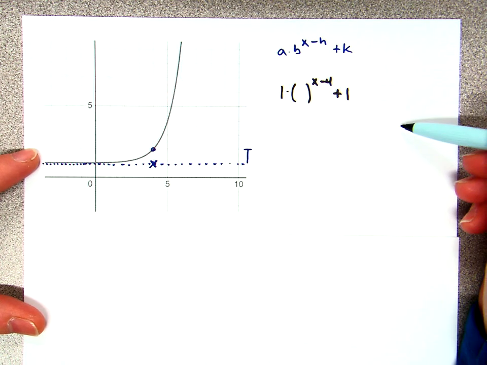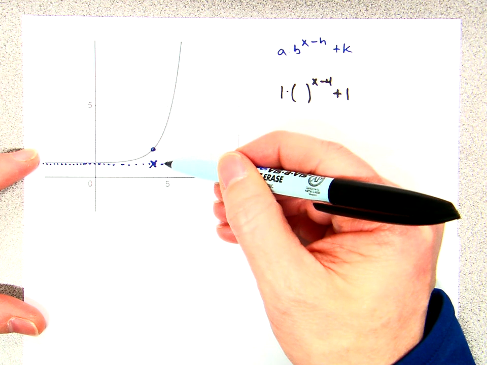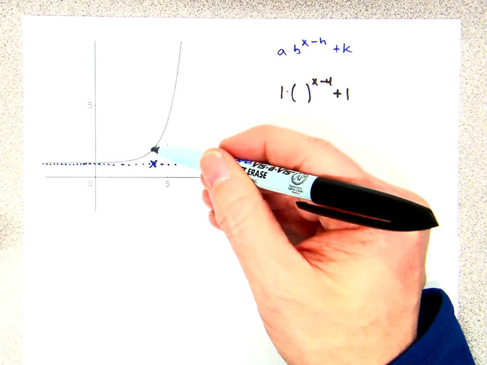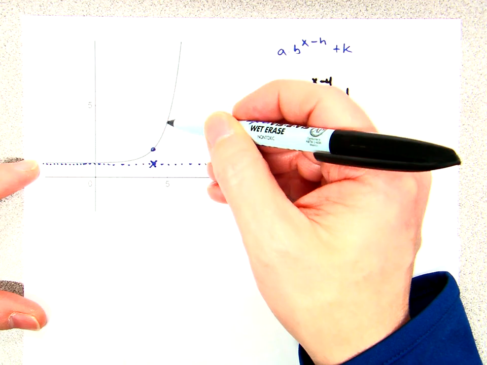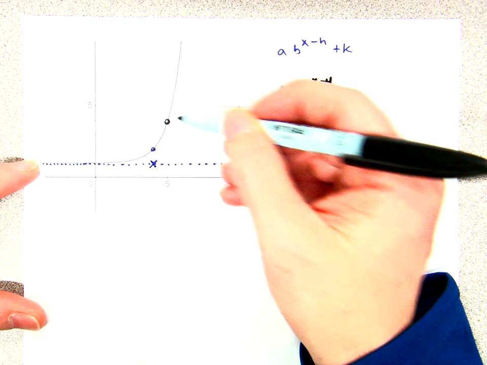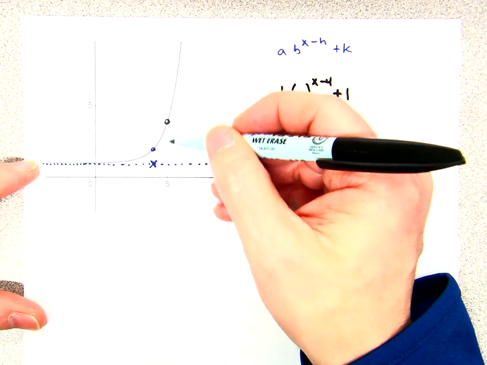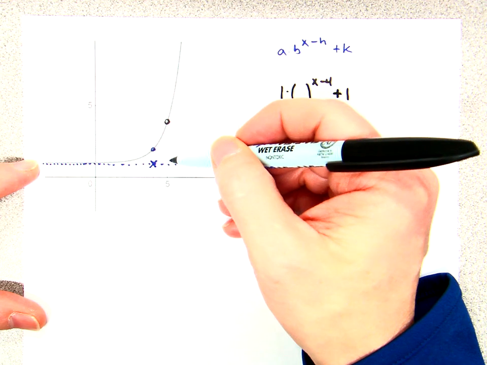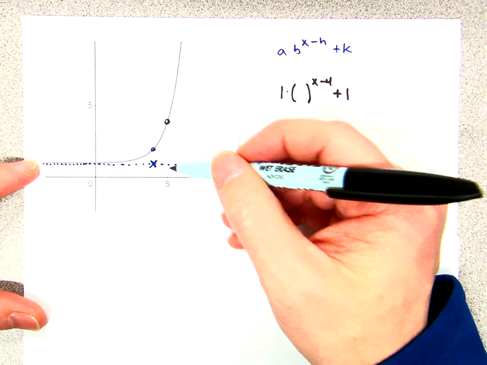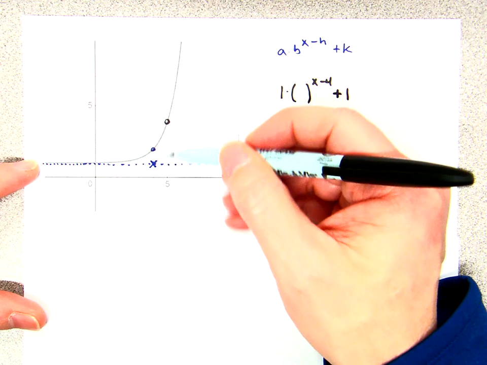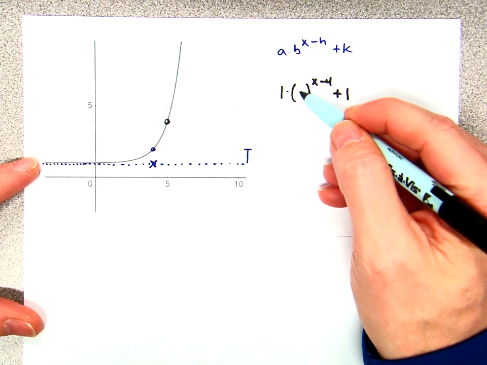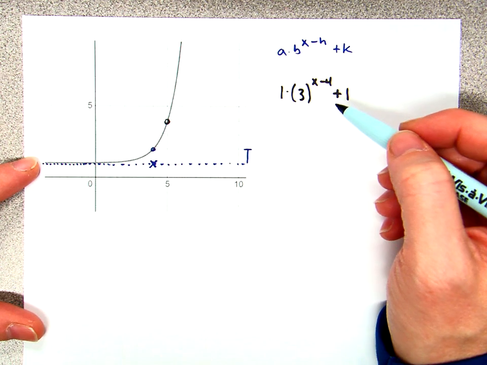If I go to the right 1 from here, it should be a times b, which is 1 times something. So if I move to the right, I come up here and I can figure out where my function value is, which is 3 units above. This value should represent a times b, but if a is 1, 1 times what is 3? 3. So I know b has to be 3.